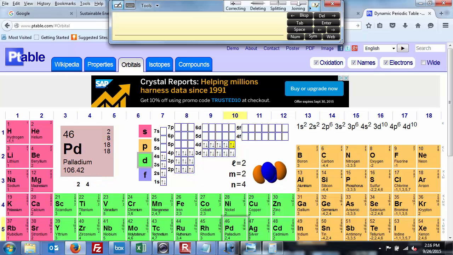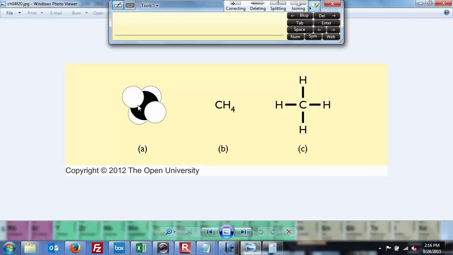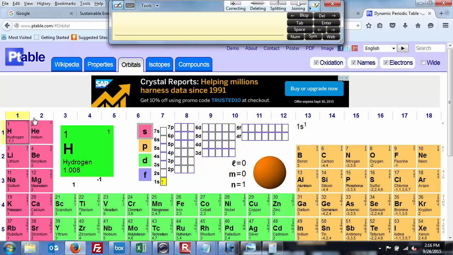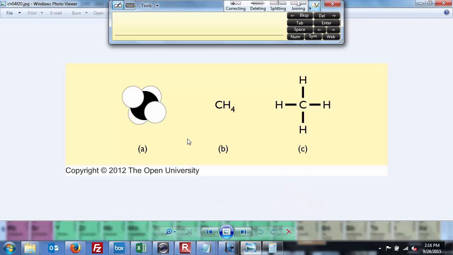So there's the logic behind looking at that methane molecule just like so. Hydrogen, obviously, right here with that single electron. So that single electron sitting there in hydrogen binds in those 4 openings in carbon. So that's how to tie the periodic table together with this cute little figure of a methane molecule.